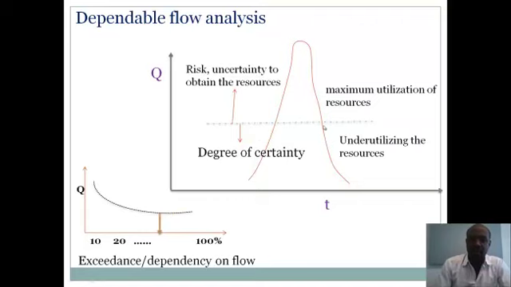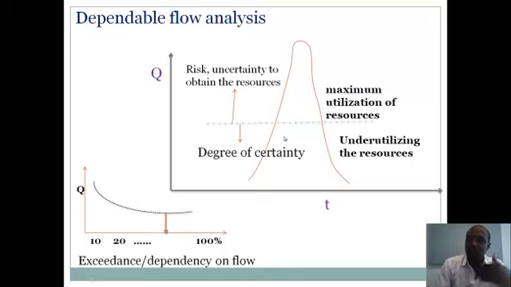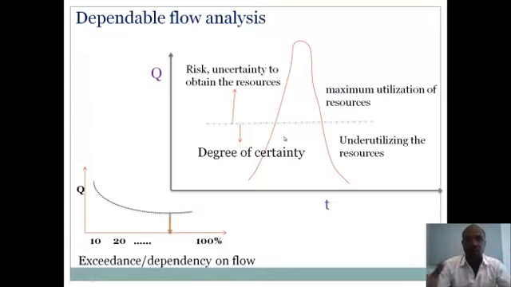Whenever we have a hydrograph like this, or dependable hydrographs, when we go to higher and higher discharges to tap most of the floods, of course we are going to irrigate more and utilize much of the resources, but we are also accepting risk because we may not get those resources often. It is also possible to go for smaller discharges, which means we are more certain of availing that discharge and it is not with much risk, but then we are underutilizing the resources.